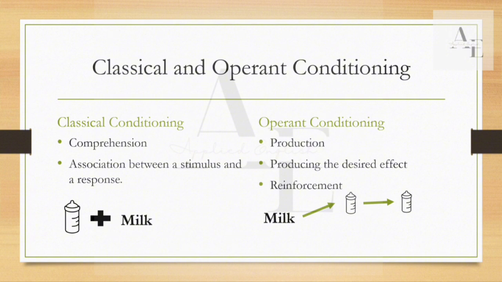In the second case, let's imagine that the child used the word milk to refer to something else, for example, bananas. So he said milk, but he wants bananas, and what he actually received is milk. In that case, the word didn't produce the desired effect, so that may get the child to not use the word anymore.